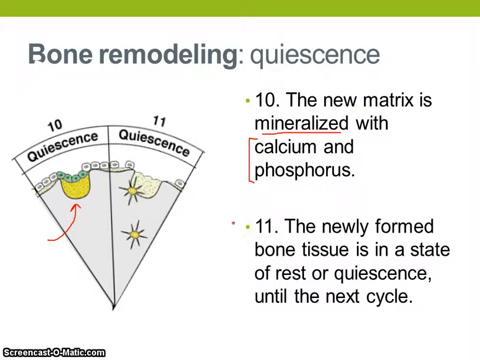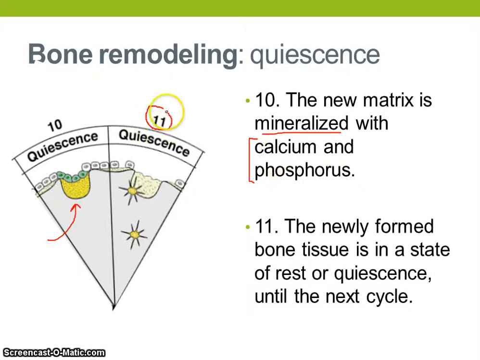You know that one major function of bone is to store minerals like calcium and phosphorus, and this is how it happens when you start mineralizing this osteoid. And you'll notice the change in the coloring on my slide between 10 and 11. And that's supposed to show you the difference between the non-mineralized bone matrix, the osteoid, with the matrix that has minerals in it, newly mineralized. And that's going to slowly become harder over time as well.